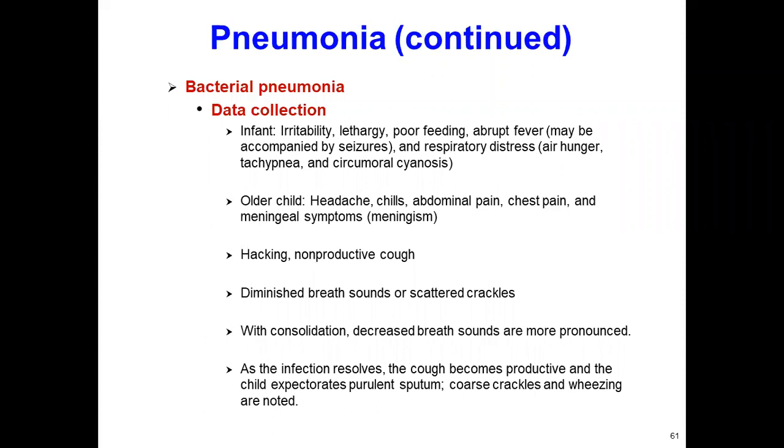Some patients present with headache, chill, abdominal pain, chest pain, or non-productive cough. When you auscultate the lungs, breath sounds are diminished. In the late stage, we can see consolidation on chest X-ray.